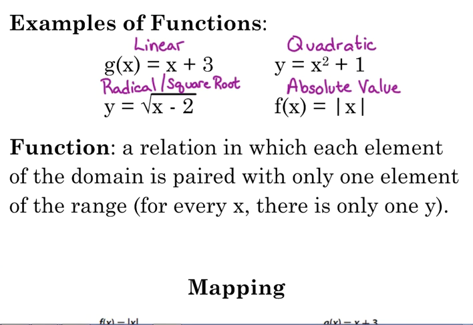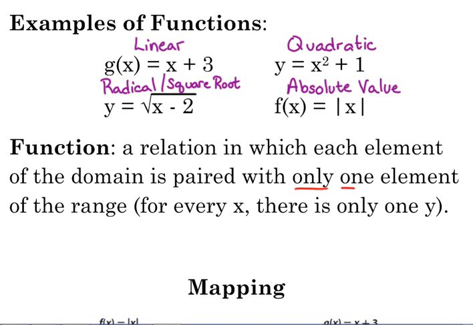So let's start with the definition of a function. It's not the only definition of a function, but a definition of a function is a relation in which each element of the domain is paired with only one element of the range.